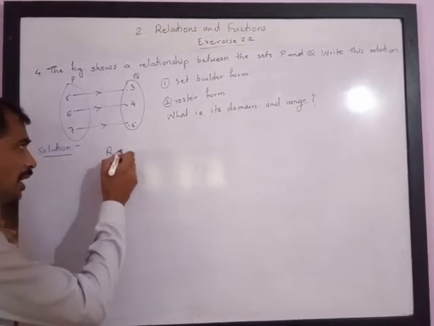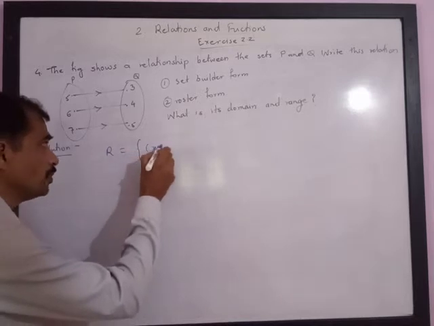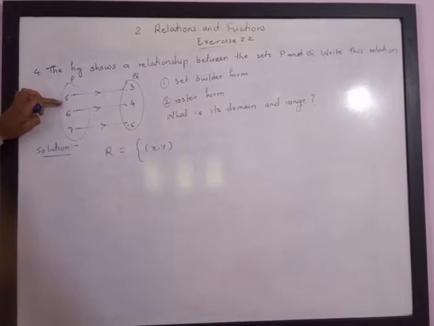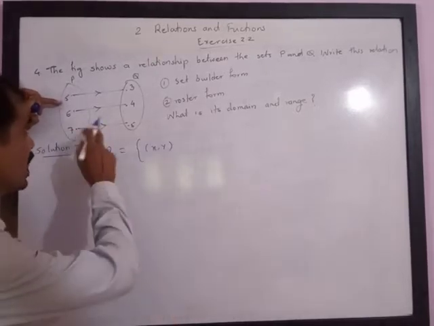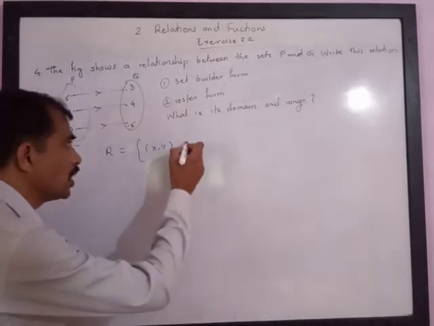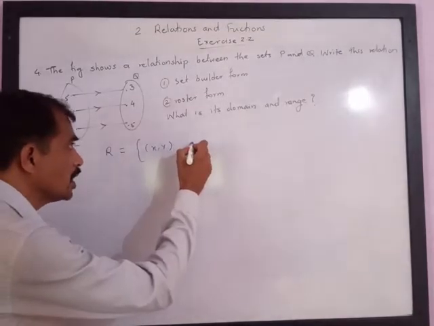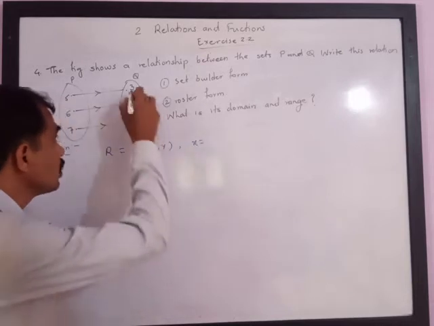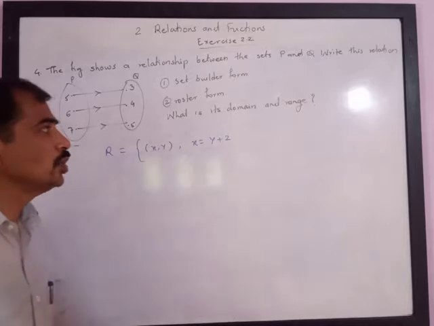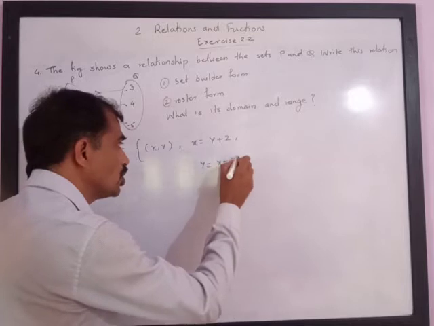So R is the relation and it is a set of (x, y) such that, please note, x is the element, x is greater than y. So here you can say that x is equal to y plus 2, or it can be written as y is equal to x minus 2 also.